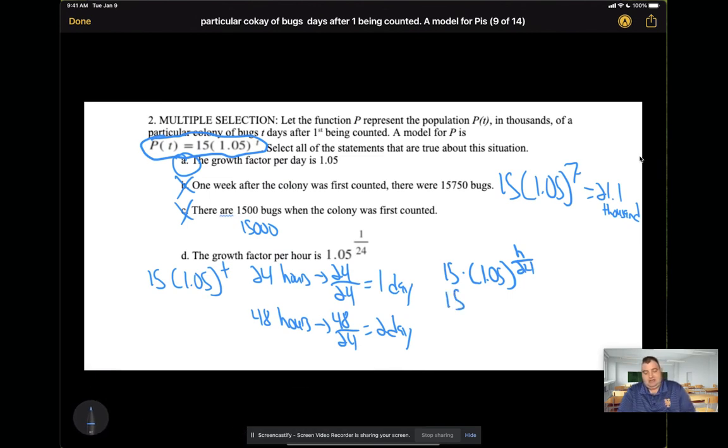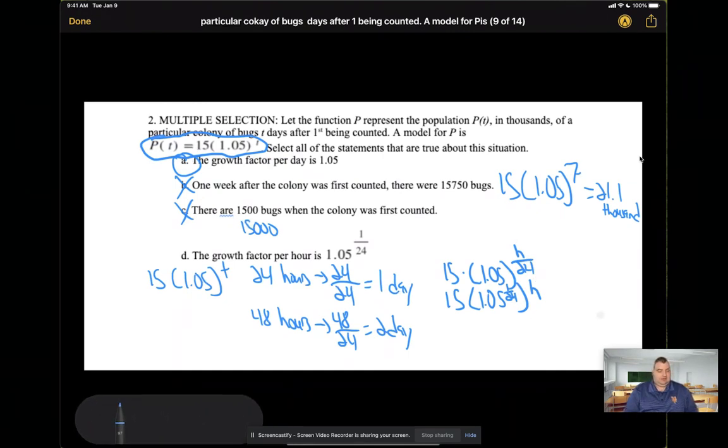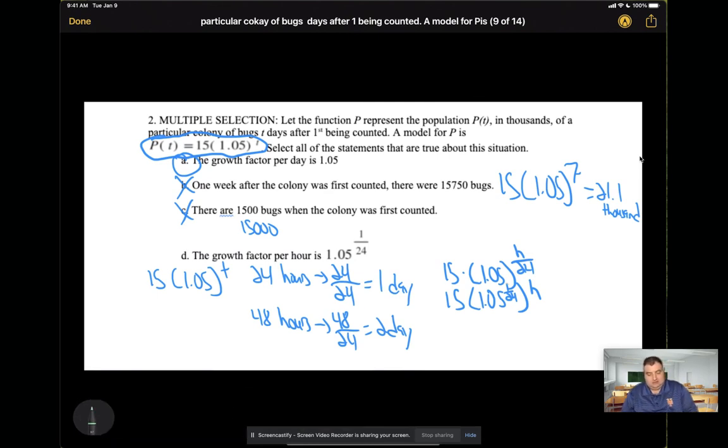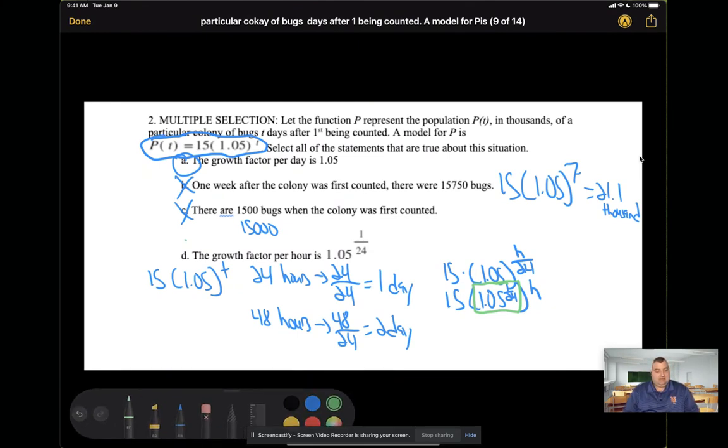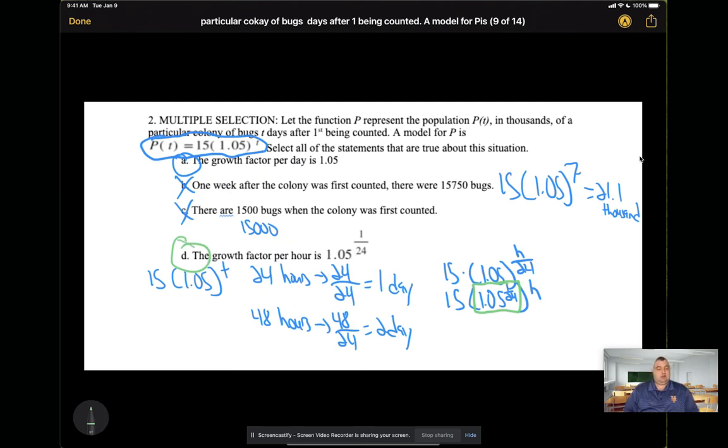I have to take h over 24 and break that down into 1/24 times h. So 1.05 to the power of 1/24 times h. h over 24 is the same as 1/24 times h. So my growth factor per hour in the parentheses is 1.05 to the power of 1/24. So D is indeed a correct answer. So for number 2, there are 2 answers, A and D.